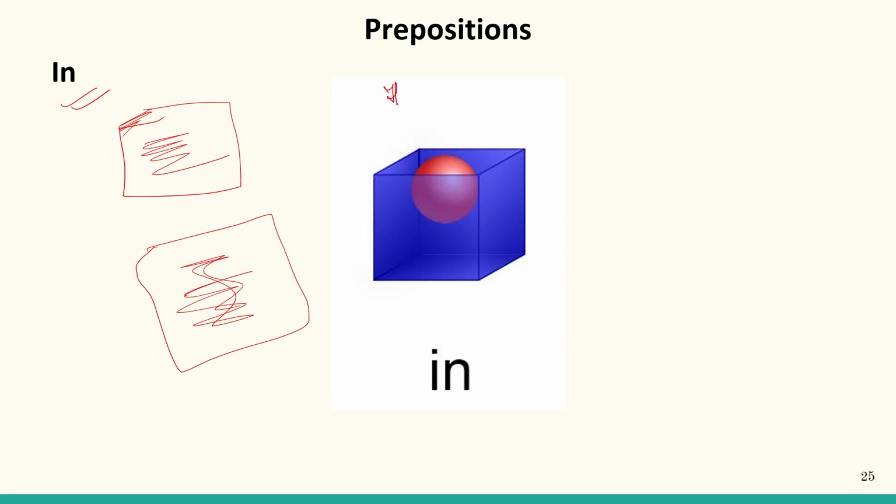We can say here the ball is in the box. We can also say another sentence like he was sitting in the room alone. Now he was sitting in the room alone.